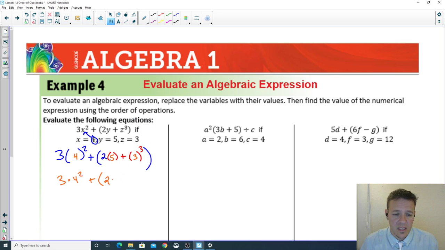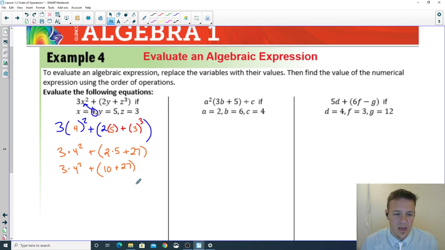And then it's going to be times 5. Now, this is going to be plus 3 to the power of 3, which is 27, because we learned from my mistake the last time we did this. Okay, and now you do the parentheses inside still, so this would be 3 times 4 squared, and it's going to be plus 10 plus 27, so that's 37.